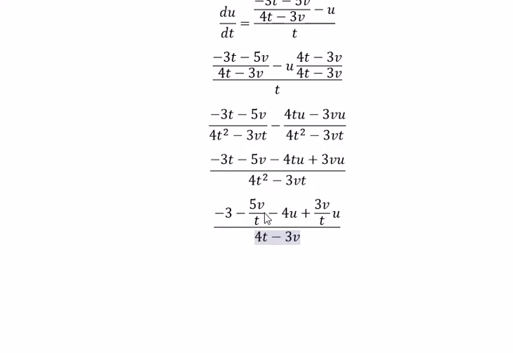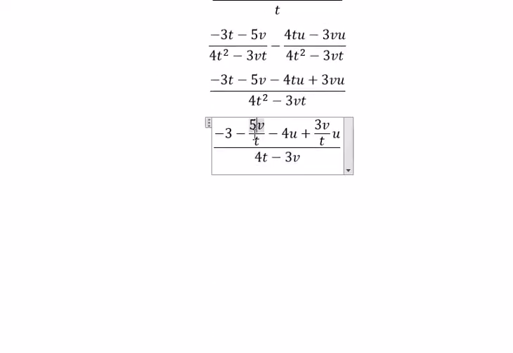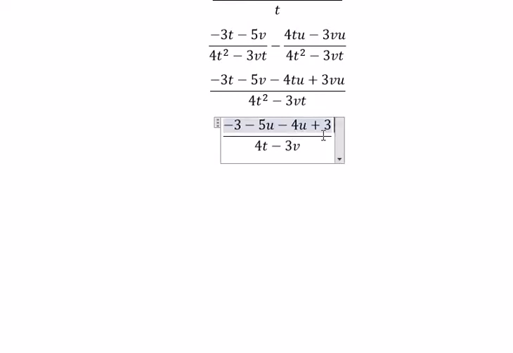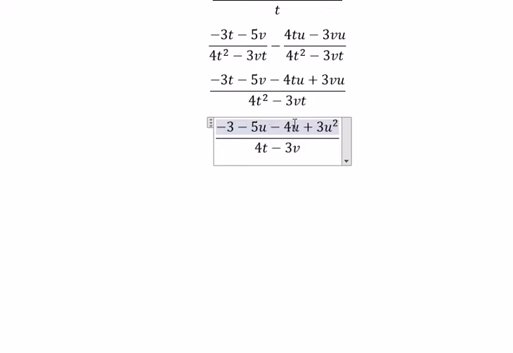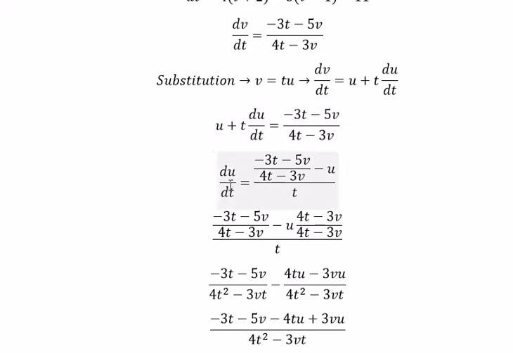So we know that v divided by t, that means we divide both sides with t, so you get u. This one you get negative 9. So on the denominator we can put t in here. So this one we change for u.